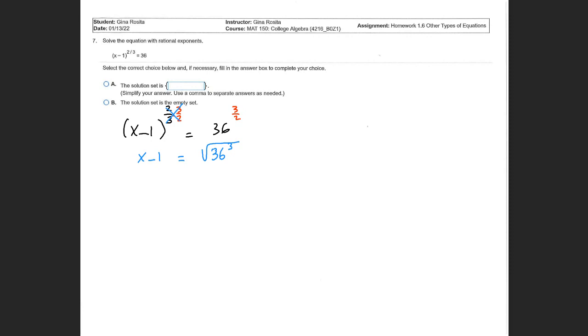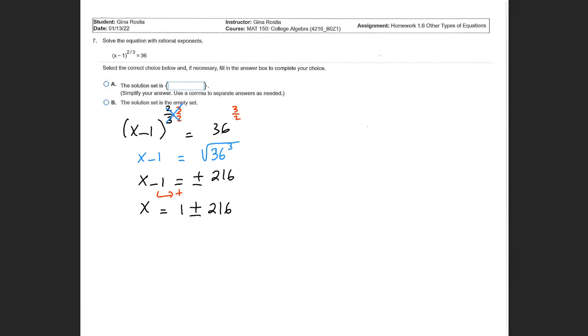So x minus 1 equals plus minus 216. Next, move negative 1 to the right side, where it becomes positive. So x equals 1 plus minus 216.